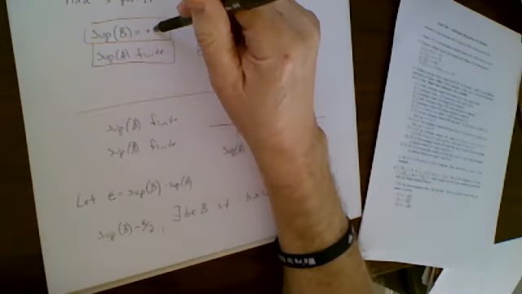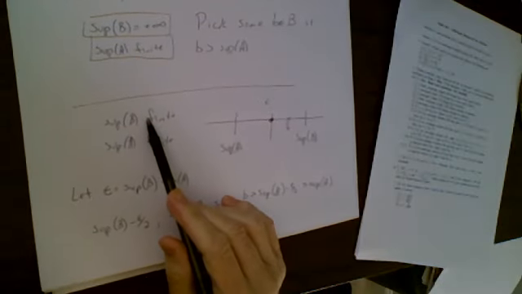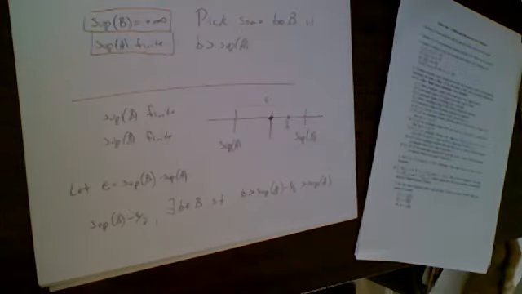One case where the sup of B was plus infinity, the other where the sup of B was finite, but in both cases, B does contain an element which is an upper bound for A.